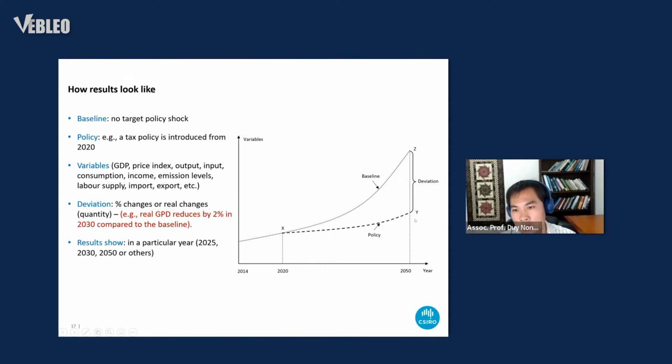So we drive the economy to another pathway, and we can look at the deviation between the policy and the baseline. That is the result. We can look at many different variables like GDP, price index, output, or input. For example, we can know that the real GDP will reduce by 2% in 2030 compared to the baseline. And you can look at the result in particular years like 2025 or 2050.